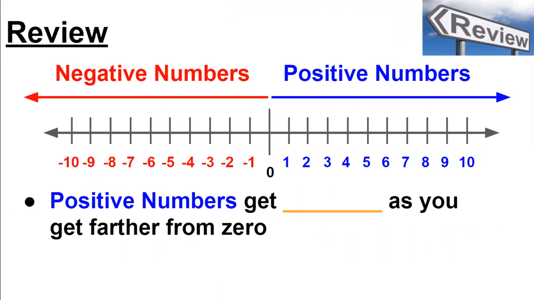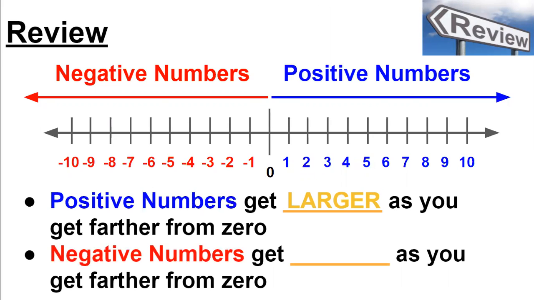What happens to positive numbers as you get farther from 0? Correct, they get larger. So 1 is a smaller number than 10. 10 is a larger number than 1. 10 is farther from 0 than 1 is. 1 is its next door neighbor.